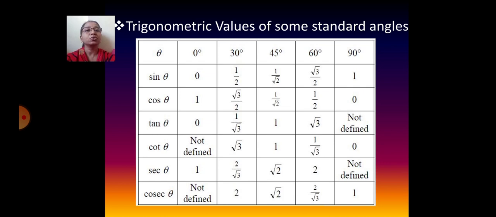So in the first row, you have to write all the angles, these 5 standard angles, in ascending order, and the trigonometric ratios in the first column, and then go on writing the values as I told you in that video lesson. Go through it.